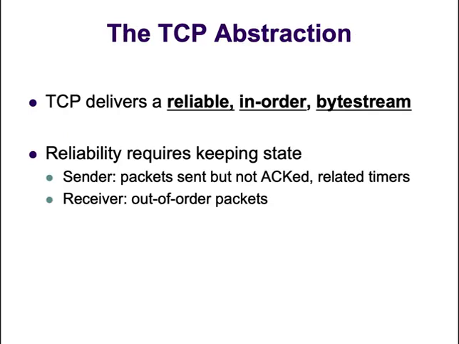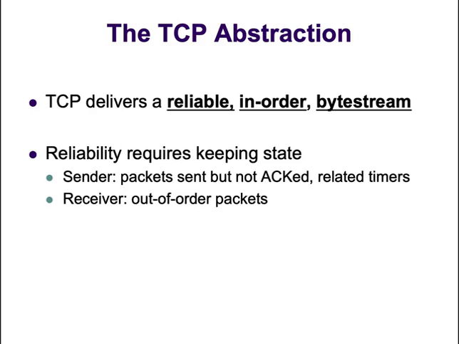The second part of the TCP abstraction is to realize that if you're going to implement reliability in this way and you're storing out-of-order packets and so on, you have to be maintaining state for that connection at both the sender and the receiver. So there's state associated with this transfer now: initial sequence numbers, buffers for storing packets, timeouts, timers to do reliability and so on.